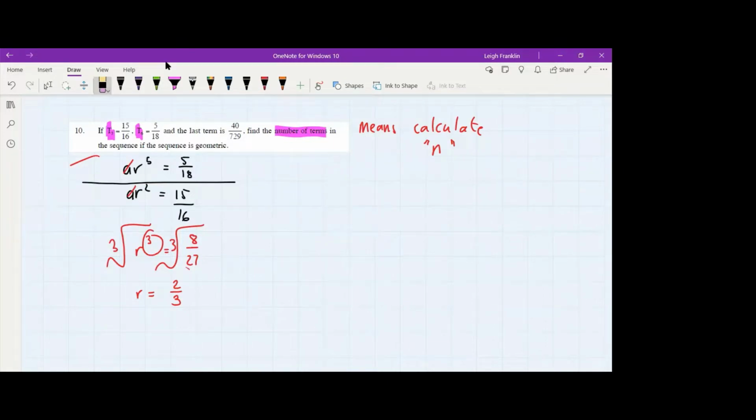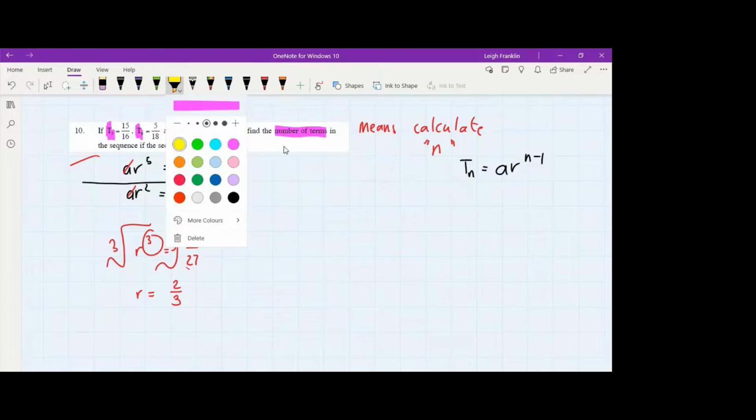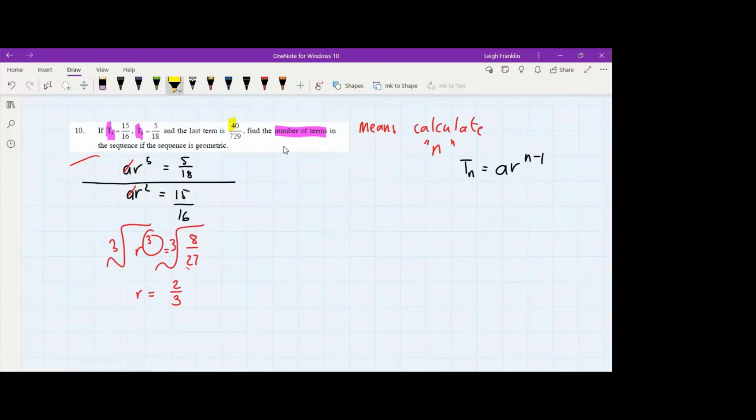Okay, lovely. Now, remember they said we need to find the number of terms. So if we use the Tn formula, ar to the n minus 1, we're going to go back to the question, but I just want to establish something first. What does this number represent? Is it an Sn or is it a Tn?